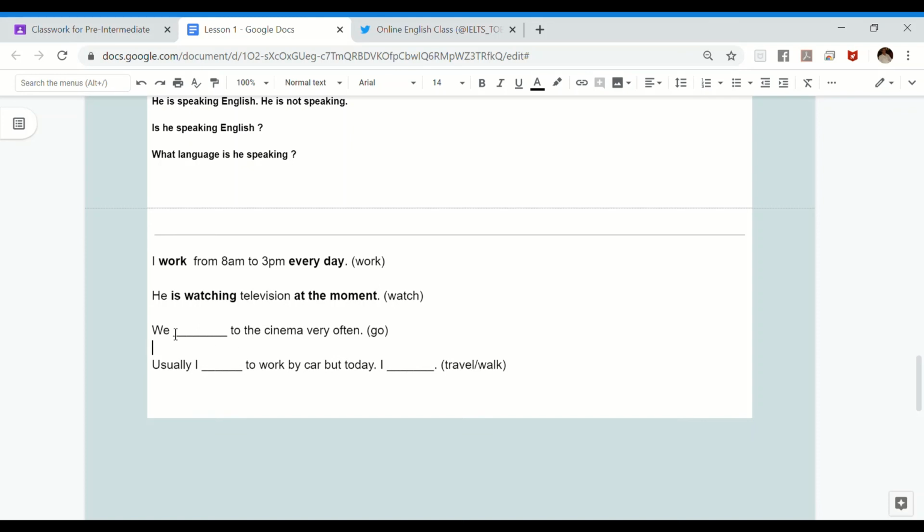Okay, we, and I want this one to be a negative, so I'm going to put not in there. Okay, so we to the cinema very often. So very often, is that present simple or present continuous? What do you think?